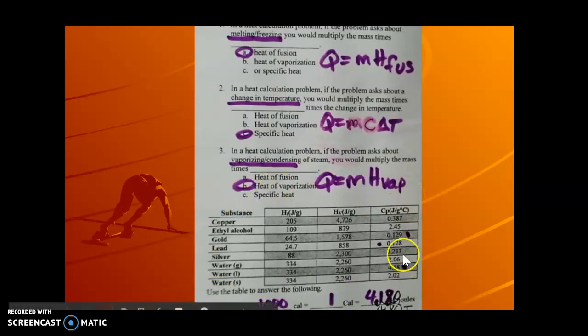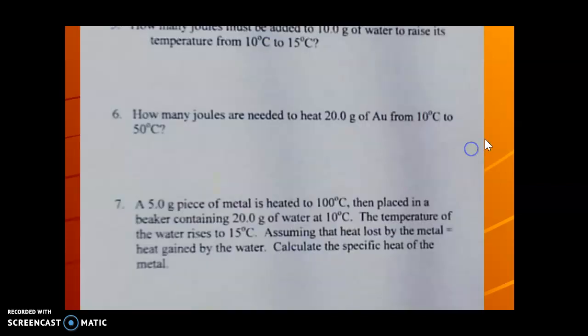And this part of the work here shows you that there are different constants associated. You always need to make sure you have the right constant. This last column is the constant c, which is specific heat. This one is fusion, and this one is vaporization. So you would have to look up the constant for the type of substance you're working with.